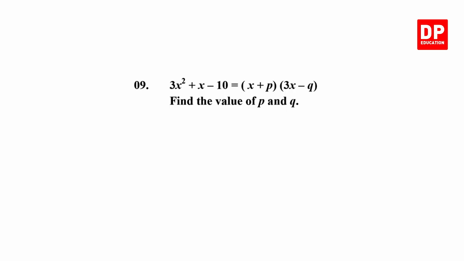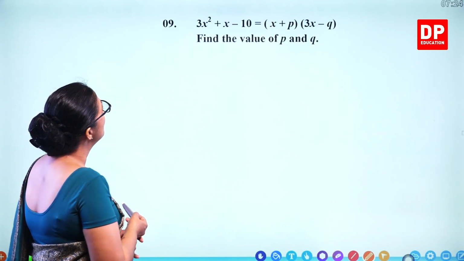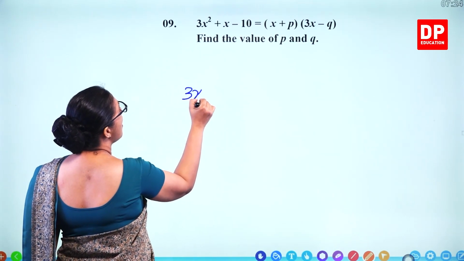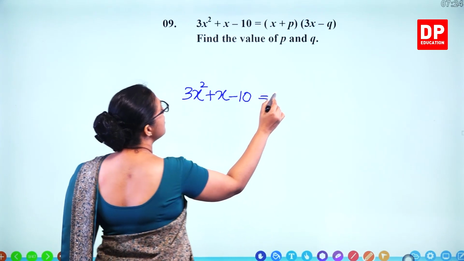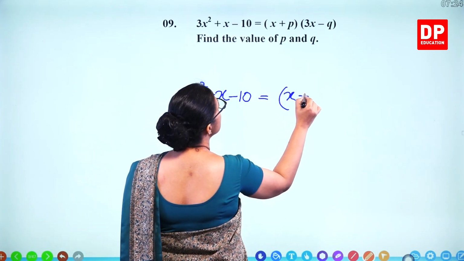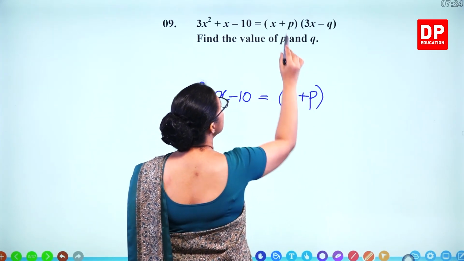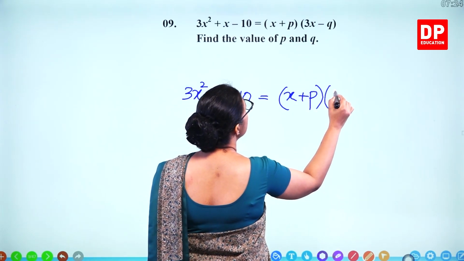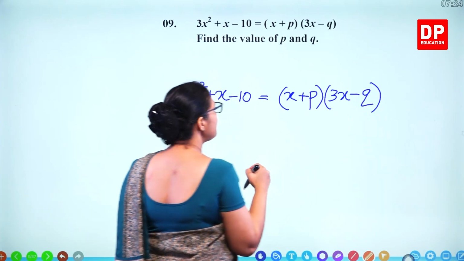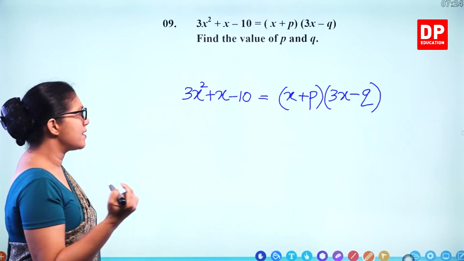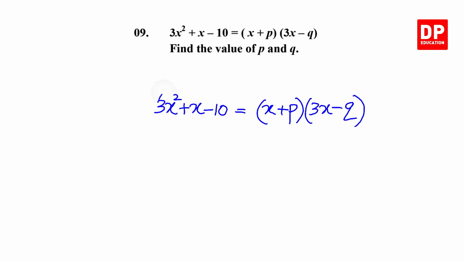Question number 9. Find the value of P and Q. It's given 3x squared plus x minus 10. You have already given the 2 factors. This is in terms of P and Q, but the first term is given. So you have to factorize this. How you do that? You multiply.